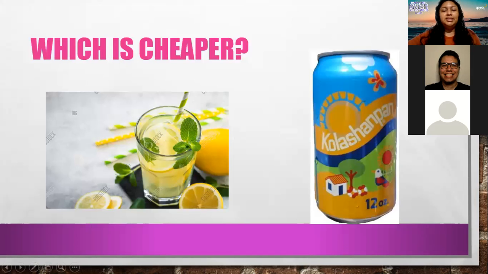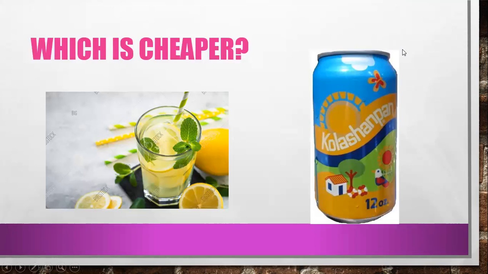Okay, so take a look at the question here. Which is cheaper? Can you guys tell me? Well, champagne. Okay, how much is it? I think it's maybe 50 cents.